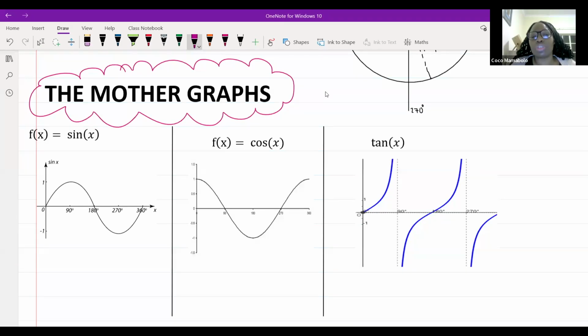So we're going to use normal signposts, like 0 degrees, 90 degrees, 180, 270, and 360. I want everybody to have their calculator at the ready. You're going to start by putting in sine of 0 for me, sine of 90, sine of 180, sine of 270, and sine of 360.